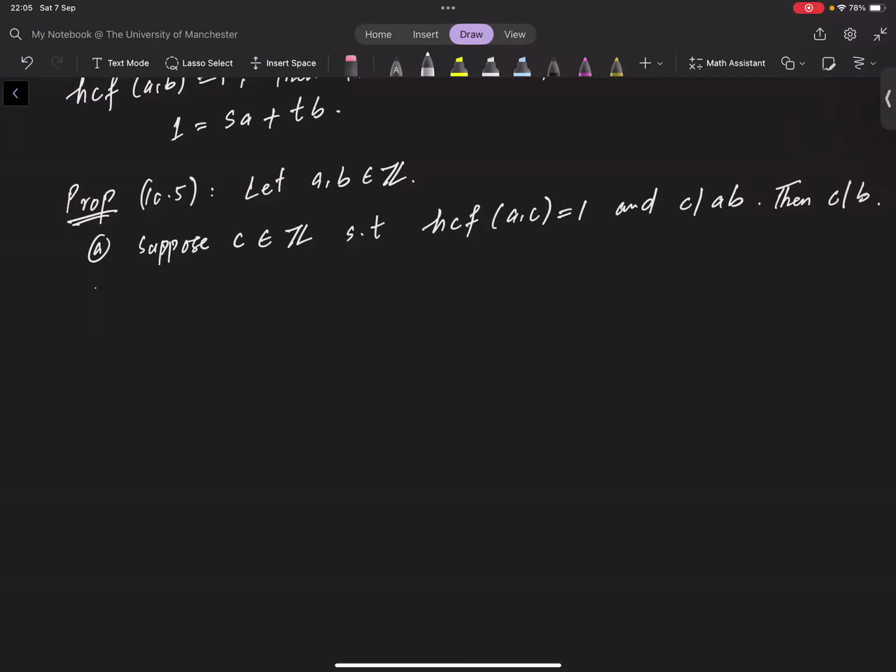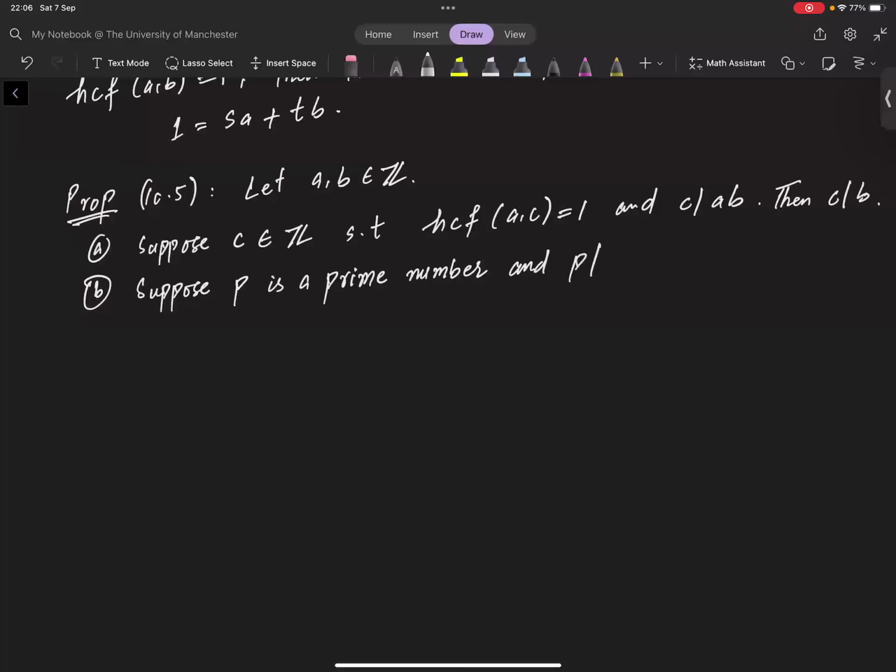Okay, part B. We suppose P is a prime number. A prime number is a number which has only two divisors, itself and one.